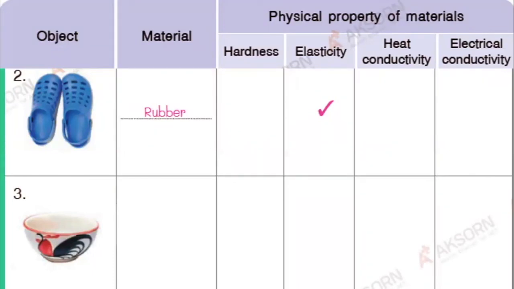And do you remember the properties of ceramic? Is it hard or not? I think it's hard, right? What about elasticity? We cannot stretch ceramic, right? And what about heat conductivity and electrical conductivity? Choose the right physical properties of ceramic and tick them, all right?